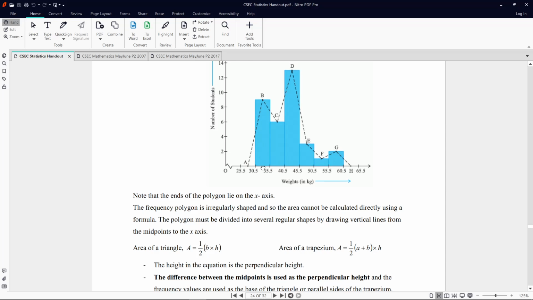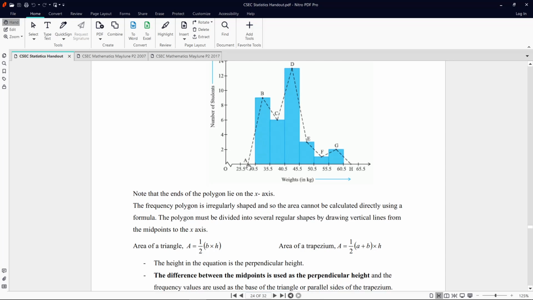So the spacing between B and C would be 5. So that means the opening point would be 5 away from B. So if this is 33, this would be at 28. And if this is at 58, this would be at 63. So that's how we'd have to look at it.